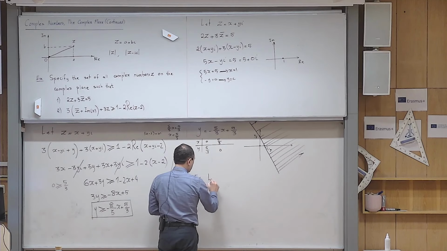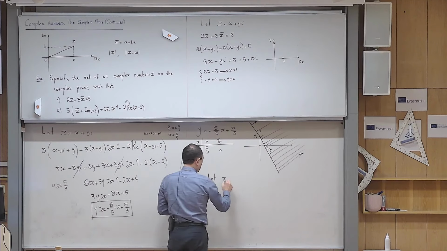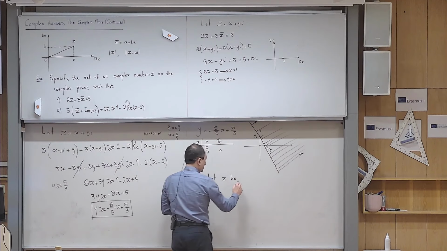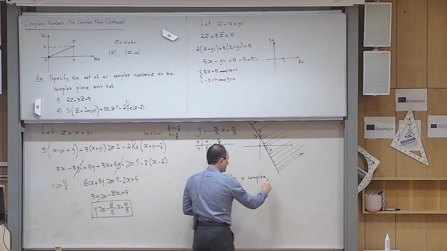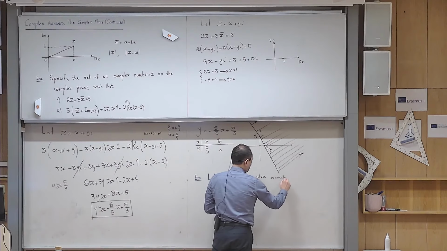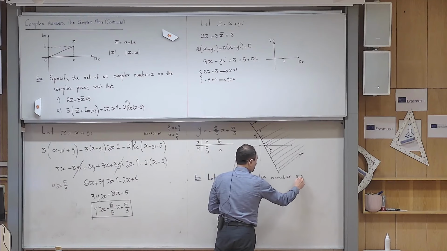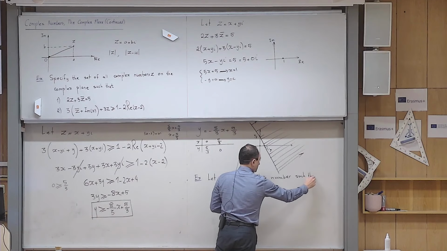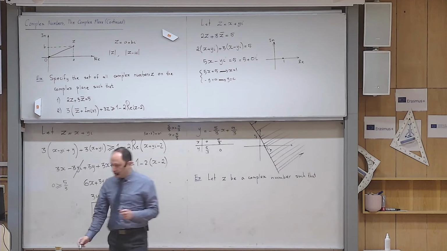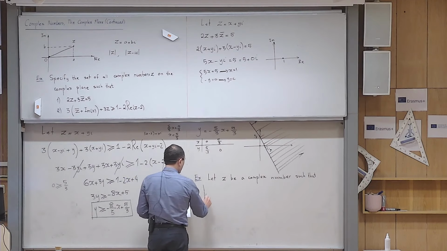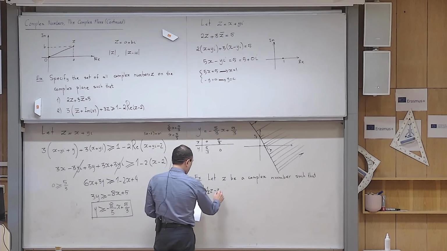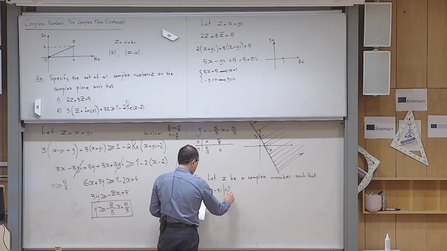Let z be a complex number such that the absolute value of 1/2 z minus 3i is equal to 2.